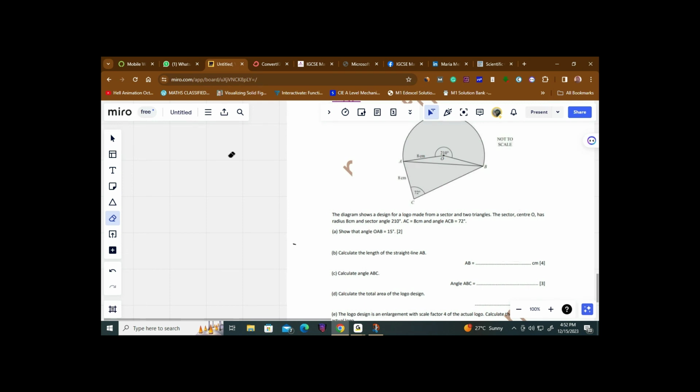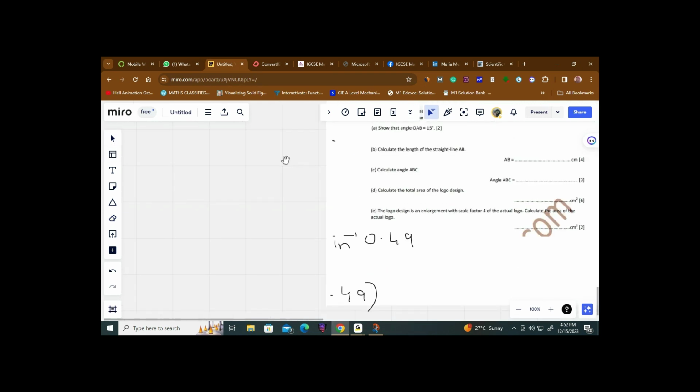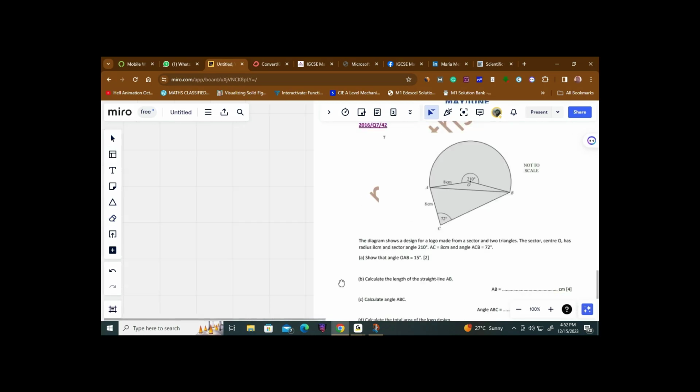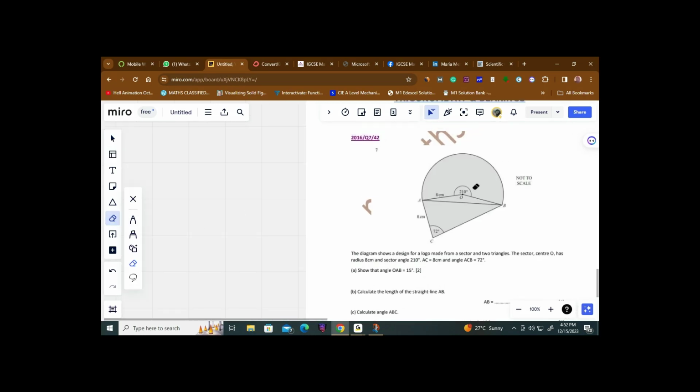You see, you need to find out the areas of the 3 individual segments of this logo design. One segment is the sector of the circle. This is segment number 1, whose area you need to find out. You call it area A1. Then you need to find out the area of this small thin triangle OAB. You call it A2.